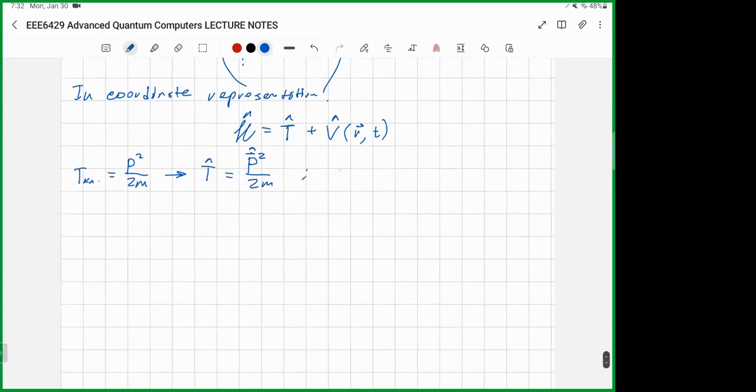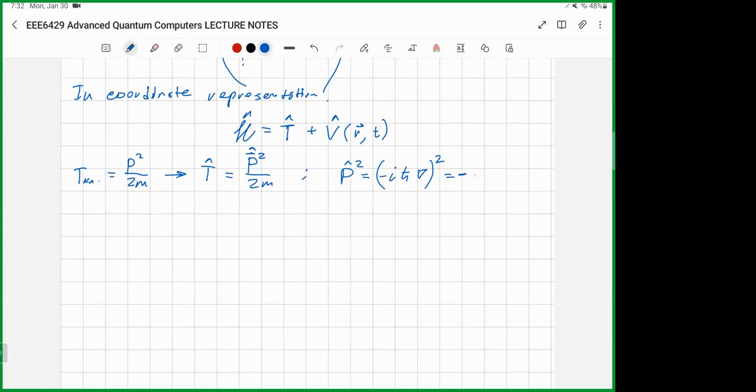So now we can find the square of this momentum operator. What is it? It is simply the momentum operator squared. So let's just take the square. The square of -1 is 1. i squared is -1.